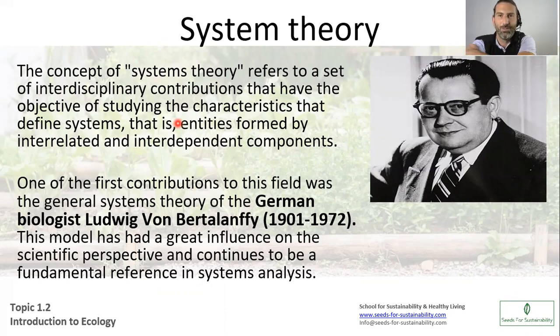But we already know, in science everything is valid until proven otherwise. And well, system theory has been around for a while, so we can somehow have some confidence in its reliability. Yeah. So let's look at some points and some definitions around system theory here. We see that the concepts of system theory refers to a set of interdisciplinary contributions that have the objective of studying the characteristics that define systems, that is, entities formed by interrelated and interdependent components.